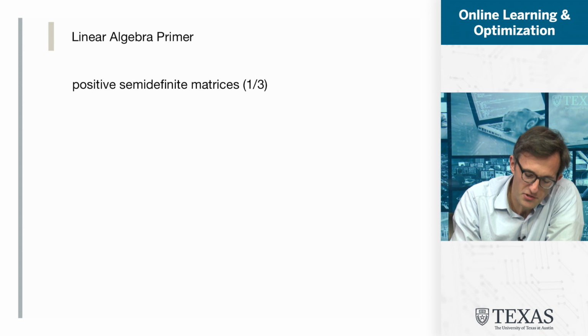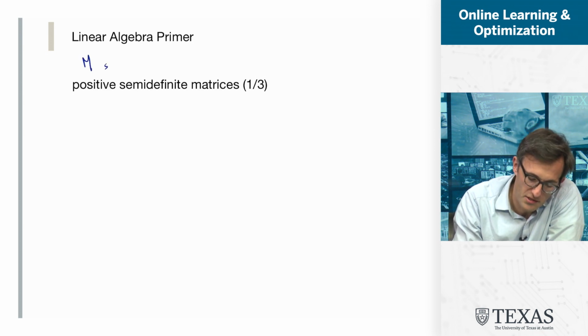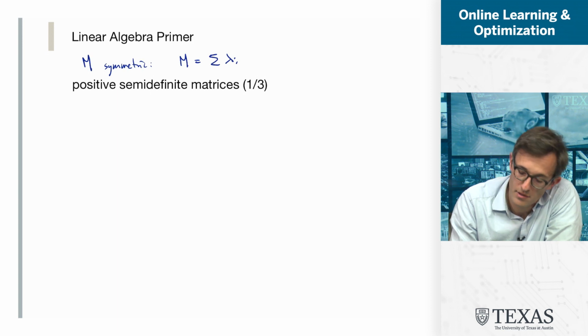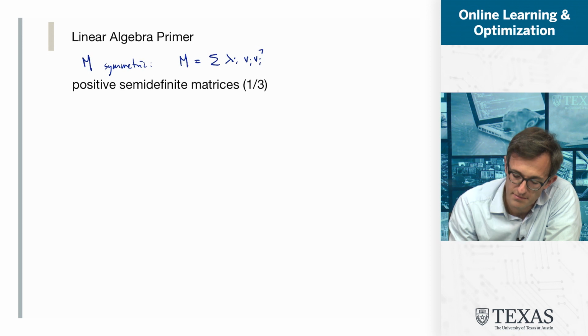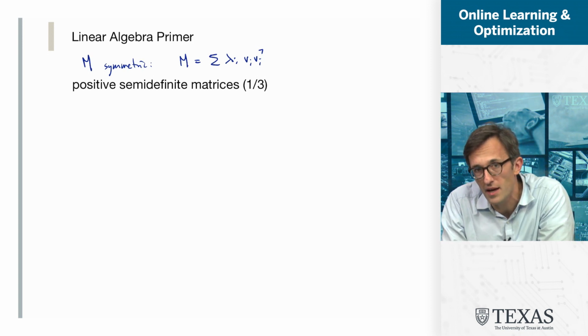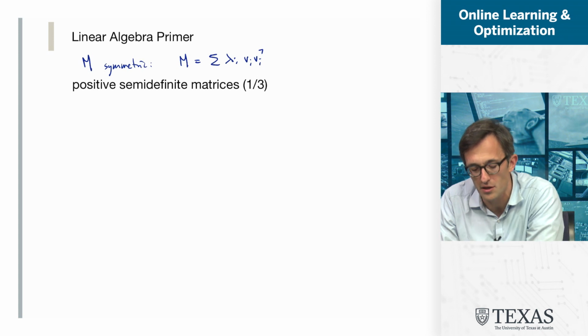So let's write what we had before. M symmetric means that I can write M as a sum of lambda_i, that's an eigenvalue, v_i v_i transpose. Note that this bears commenting a little more. So what is v_i v_i transpose again? We saw this a few slides ago.